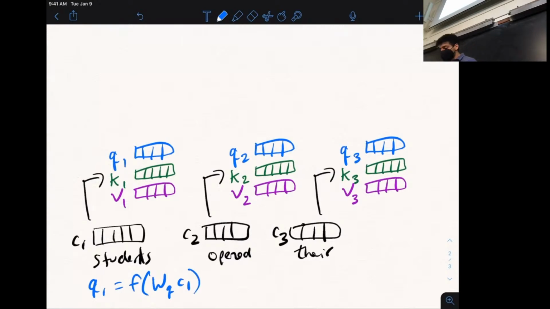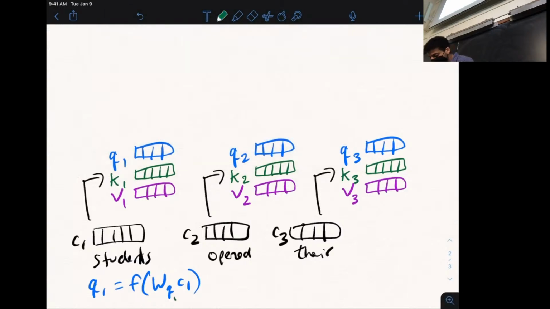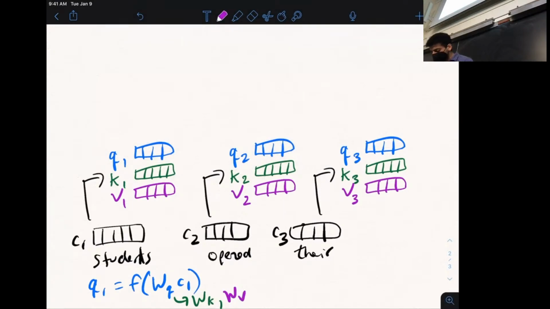Similarly, for the key vectors, we're going to use W sub k, or W sub v for the value vectors. So we have 3 different weight matrices that are used to project the embeddings to query, key, or value space. And these matrices are shared across every position in the sequence.